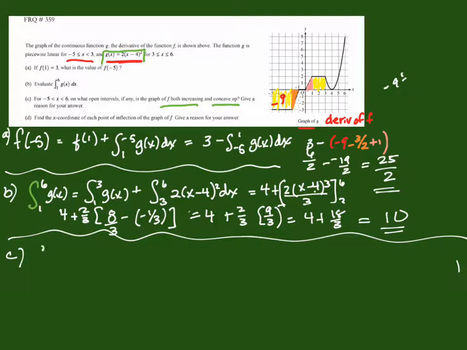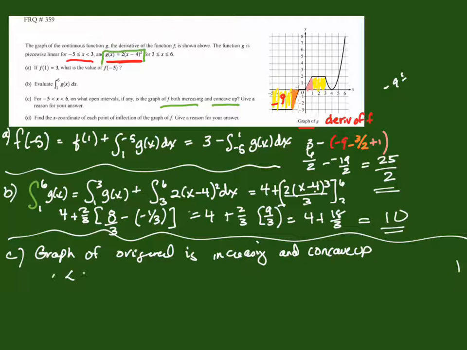The graph of the original is increasing and concave up from 0. Okay, let's do this in a color like purple.